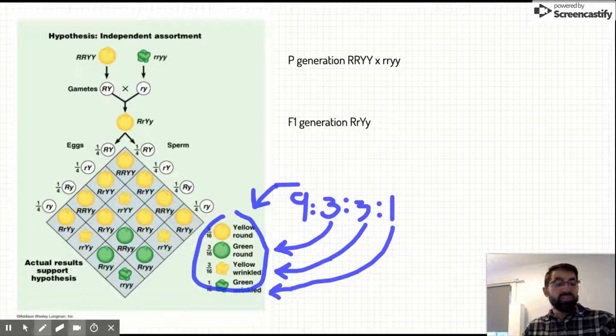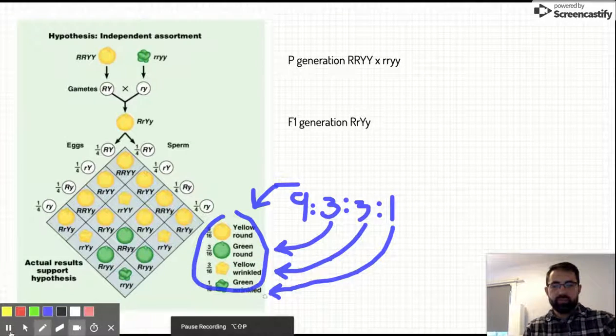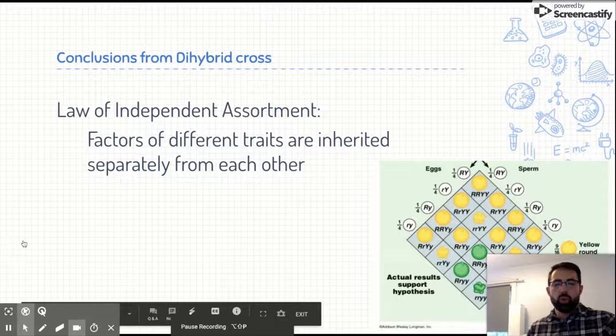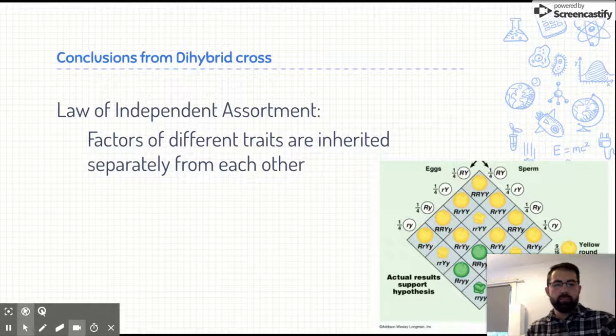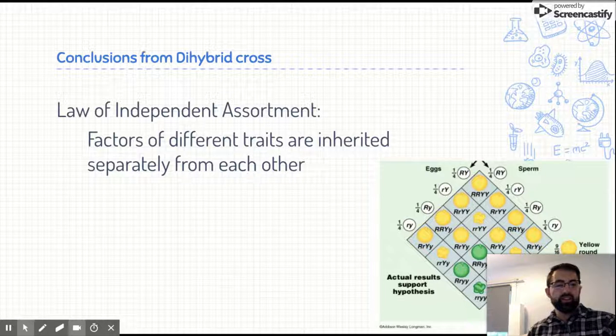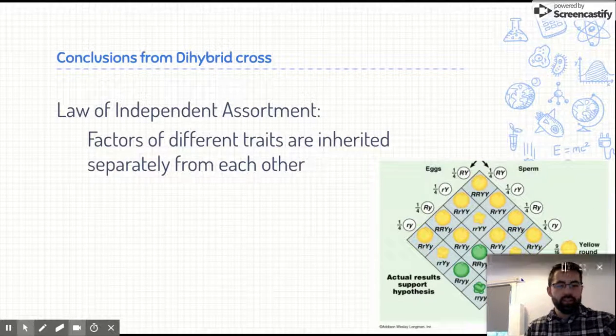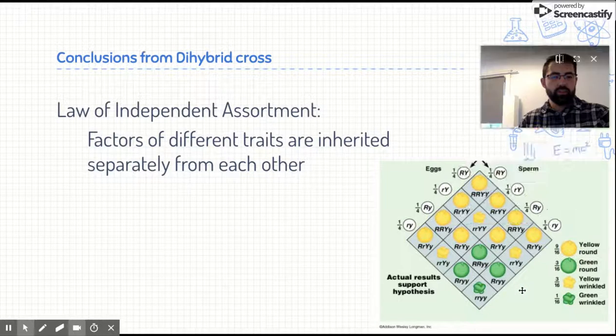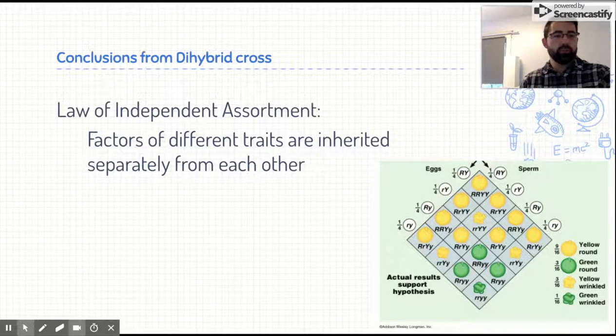Mendel thought it would make sense that traits don't influence each other. So Mendel came up with this law of independent assortment. Factors of different traits are inherited separately from each other. So it doesn't matter, for example, if you get the yellow trait as to whether you get the round or wrinkled shape. They don't influence one another.